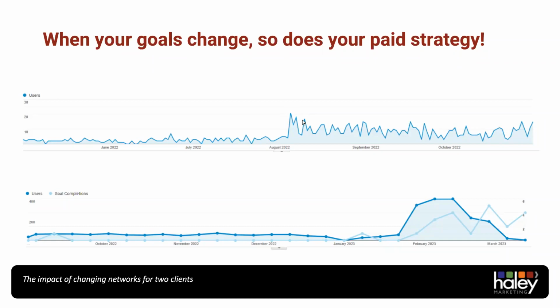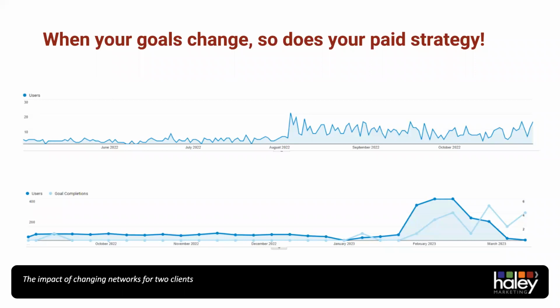And then the bottom graph for client example number 2. So again, this is a client of mine that started off on Google, but they had a branding display campaign because it was a new office and they just wanted to get their name out there. So we reevaluated their goals and we switched to a Google search campaign so that we could drive more qualified users to the website.